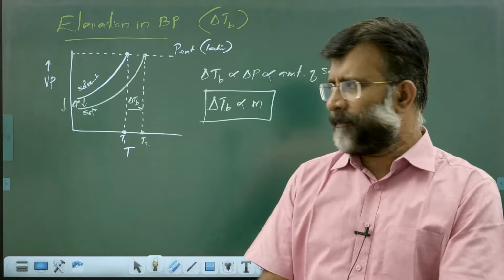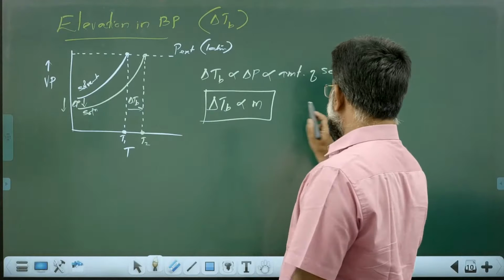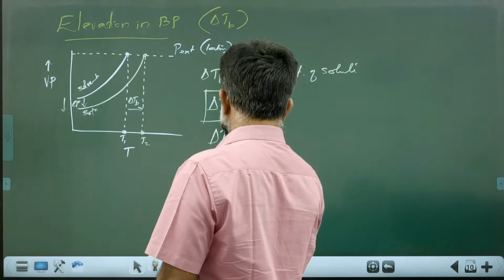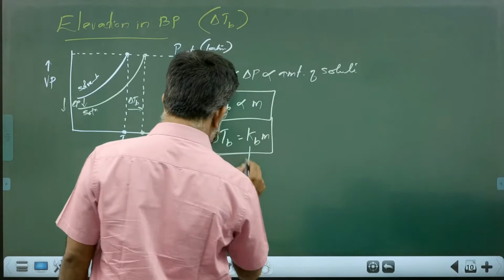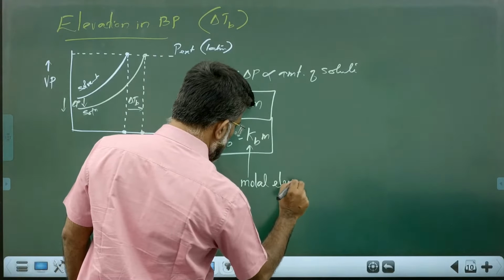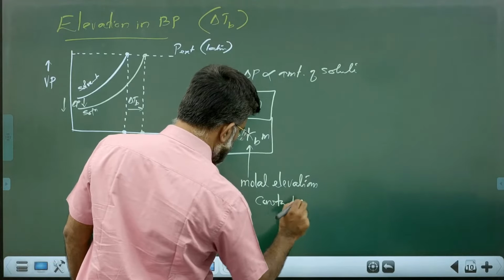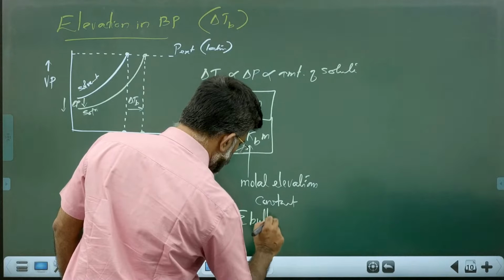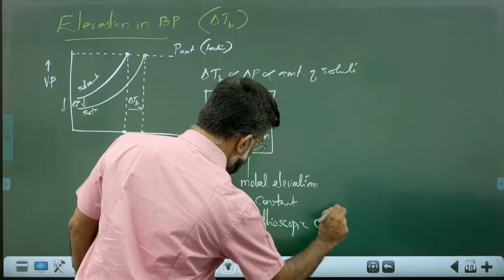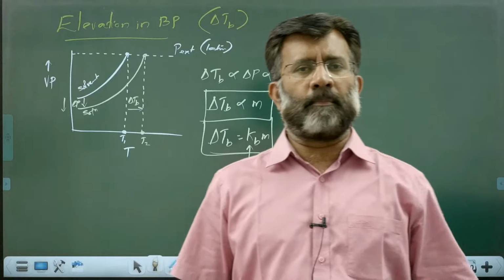That's all. Okay. So delta TB is proportional to molality, and delta TB is equal to a constant Kb into molality, where Kb is called the molal elevation constant, also called the ebullioscopic constant.